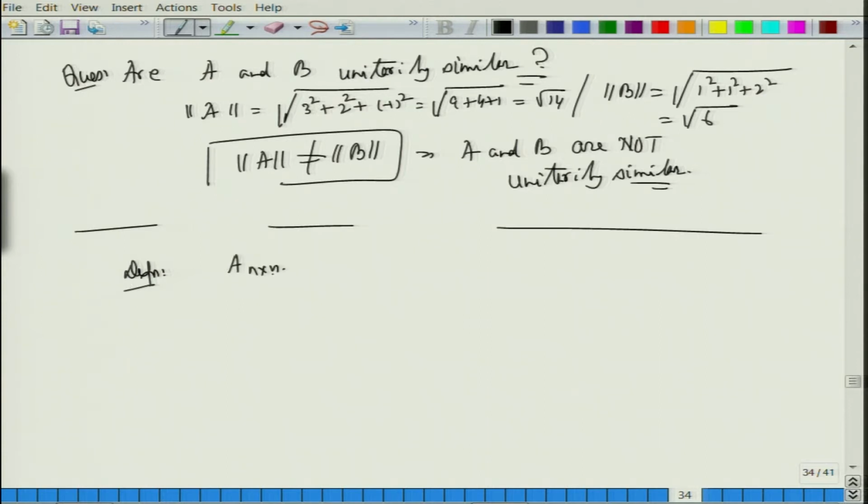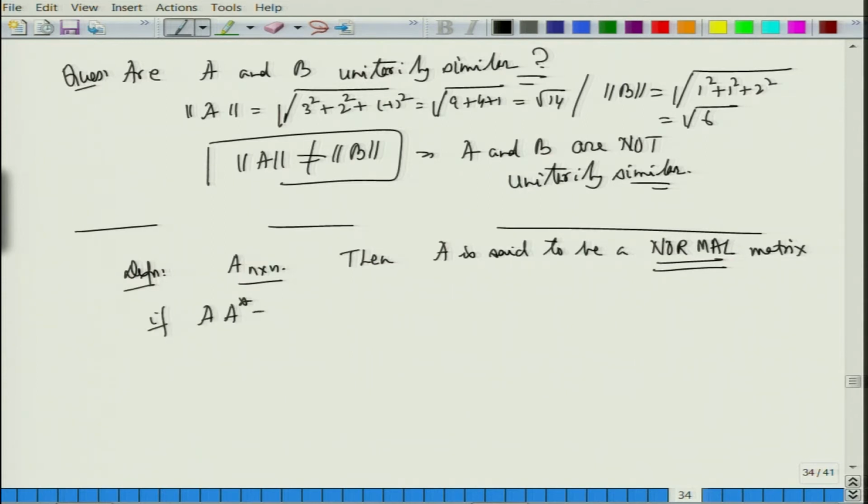A is n cross n, then A is said to be a normal matrix if A times A star is equal to A star A.